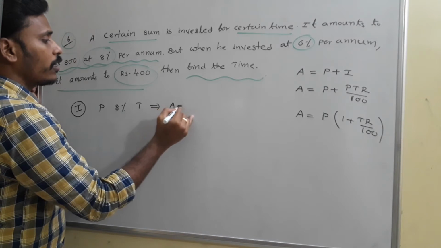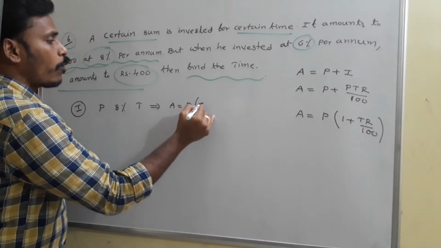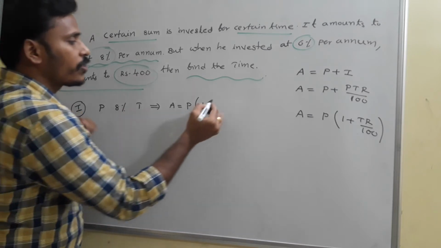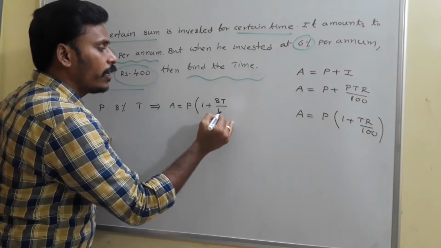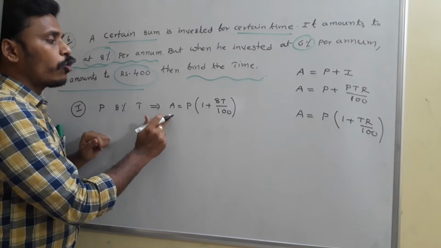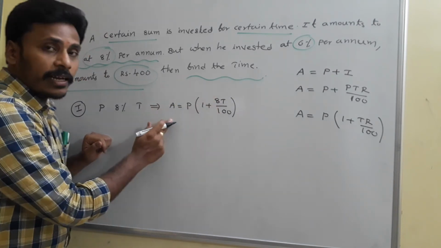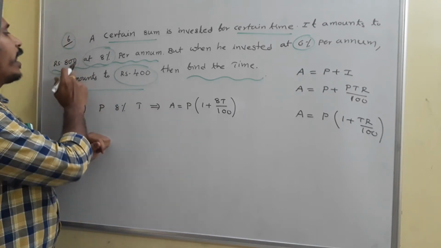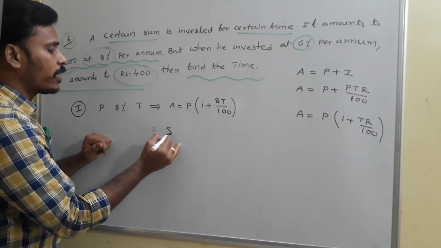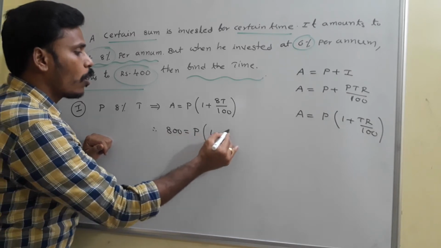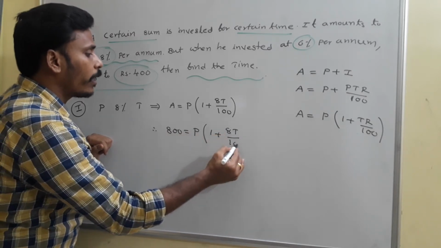Amount is equal to P times of 1 plus TR by 100, where R is 8 and the time is T, so TR means 8T by 100. So amount is equal to P into 1 plus 8T by 100, and that amount in the first case is given as 800. So 800 is equal to principal into 1 plus 8T by 100.